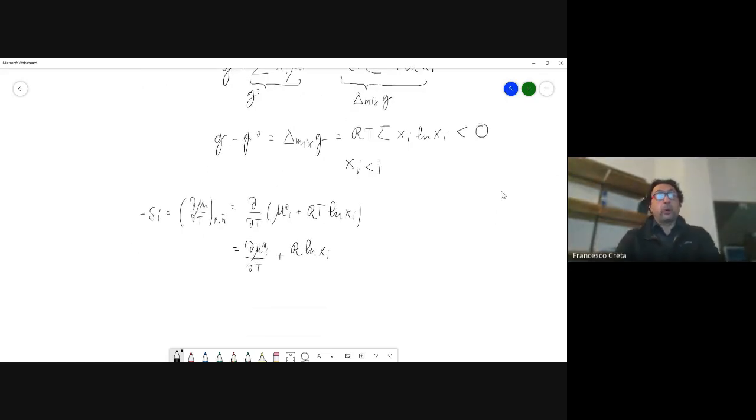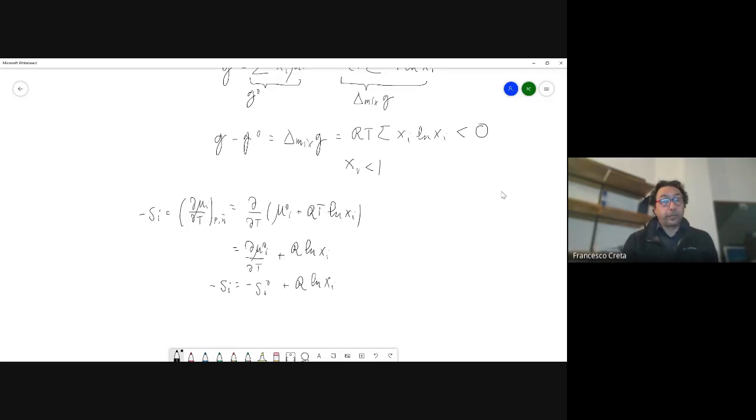This is Si, and we'll call this minus Si0, meaning the value of the partial molar entropy of the pure substance, and this is the mixing entropy, R logarithm of xi.